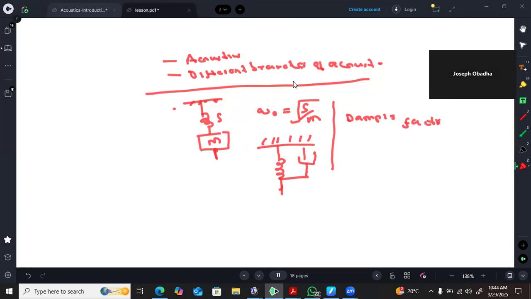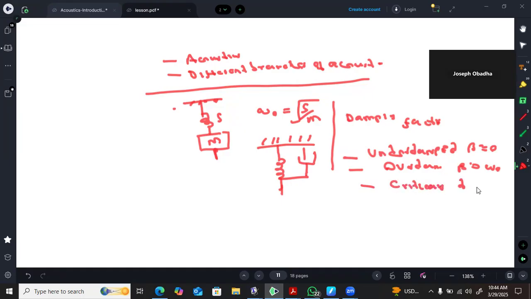And we have derived the new equation, and we have seen that the system would either be underdamped when beta is very small, overdamped when beta is greater than omega naught, or critically damped when beta is equal to omega naught.